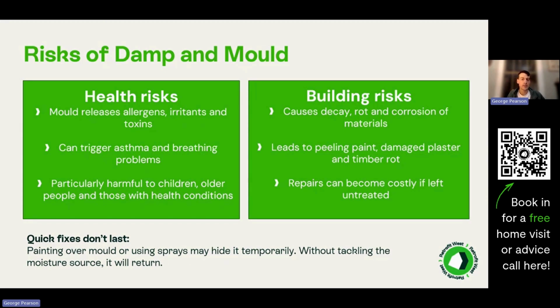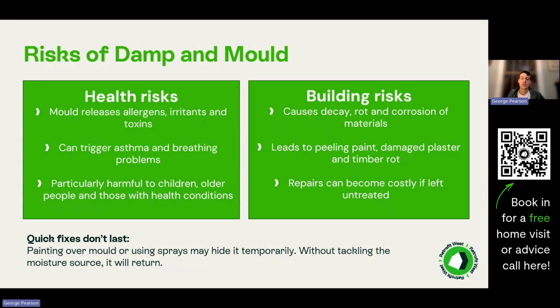I'm sure everyone's read recent news articles about certain people's living conditions, particularly in social housing or low-income households, which are very, very severe. So it's increasingly important to take note of these risks, particularly with anyone that has asthma or breathing problems or weakened immune systems.